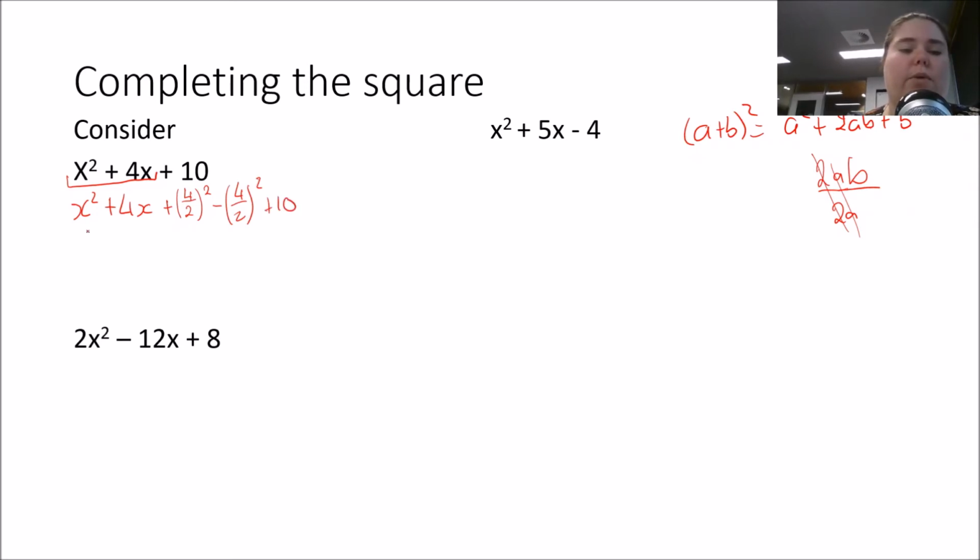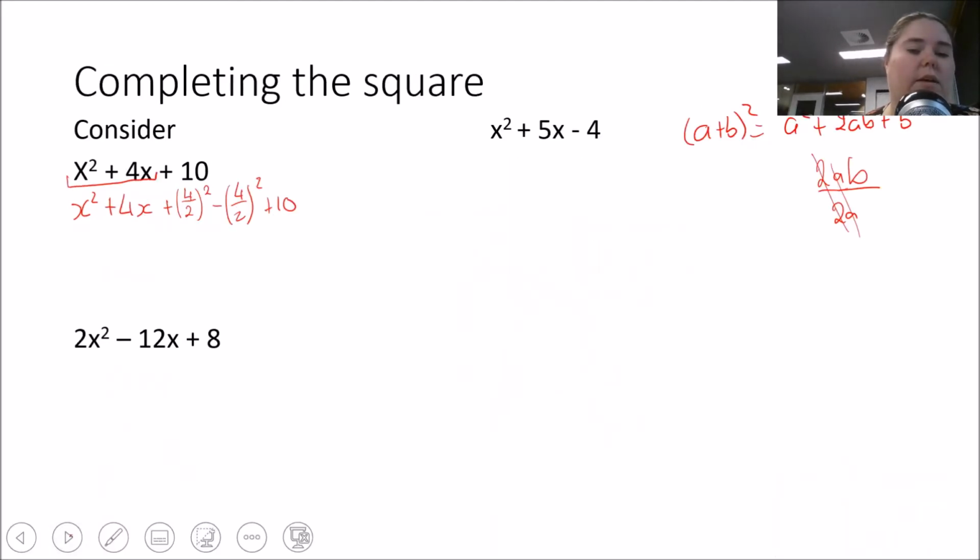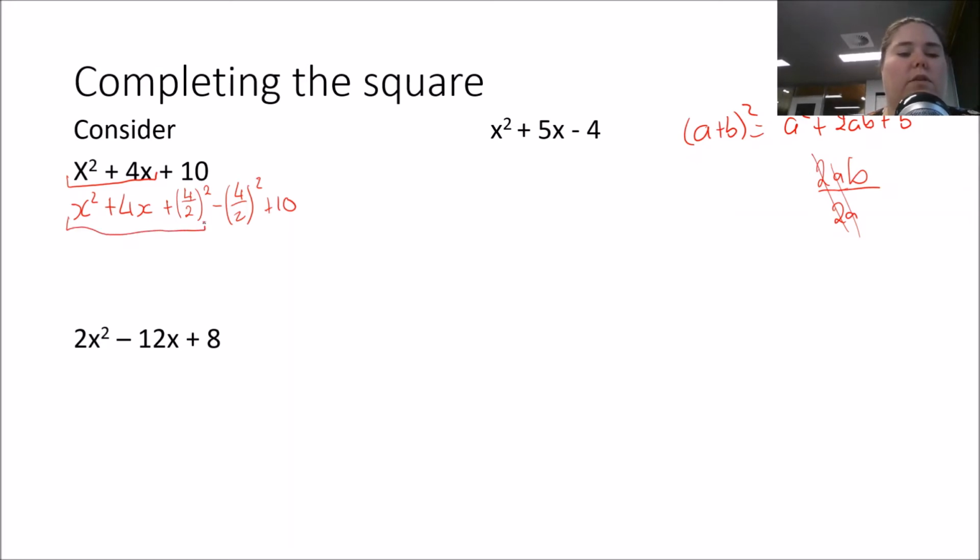Okay, next step. The reason we added and took away is because 4 on 2 squared minus 4 on 2 squared, that's 0. So technically I've done nothing to this equation. I've added nothing in, which is the point. Okay, so now I'm going to turn this into my perfect square.